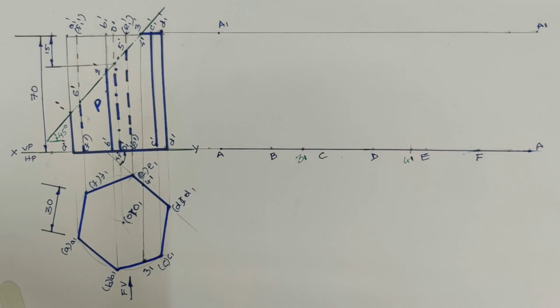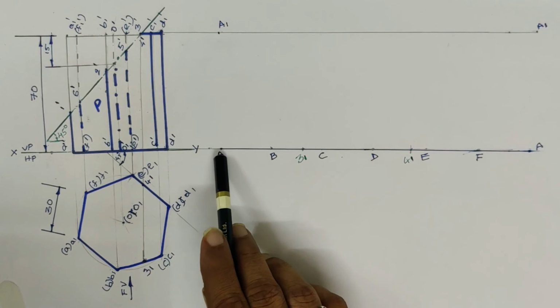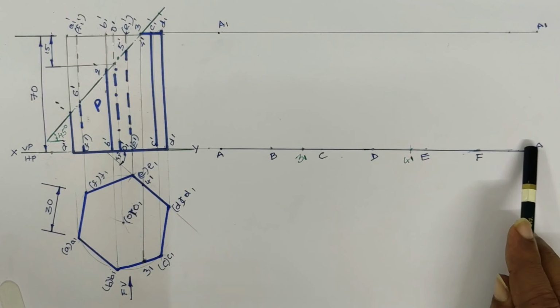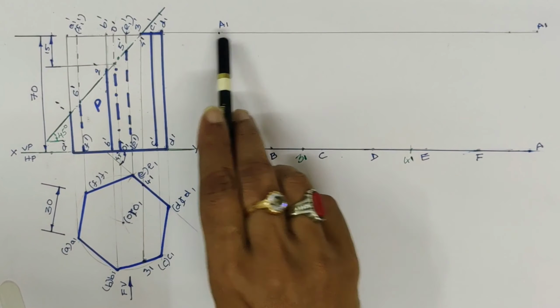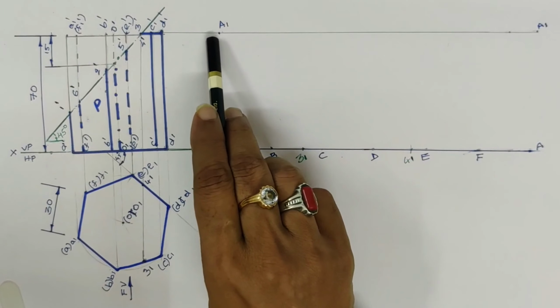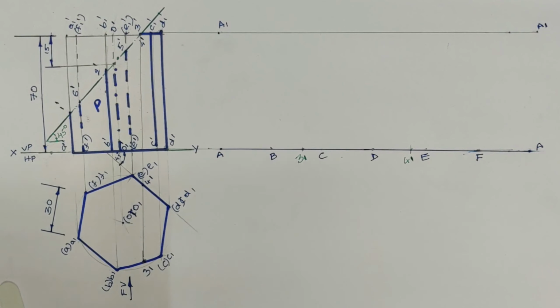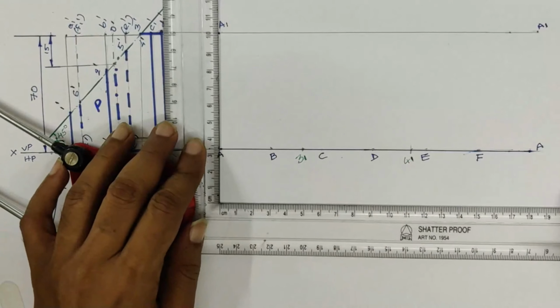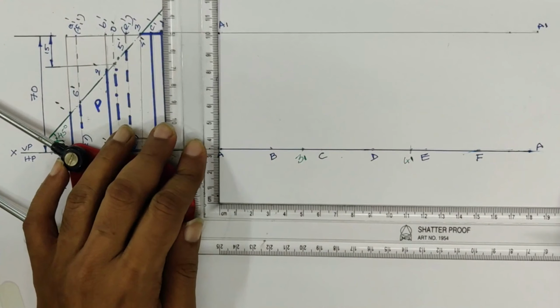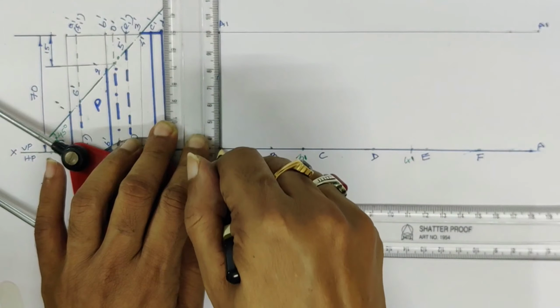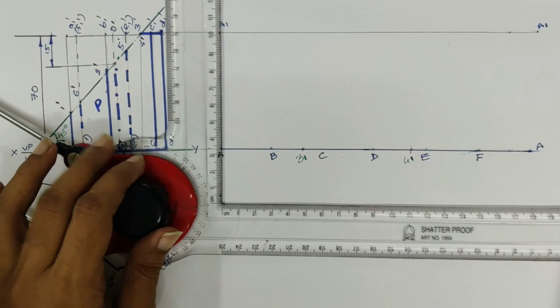After that, draw perpendiculars to A, B, 3-1, C, D, 4-1, E, F and A towards this top stretch out line, say A1 and A1. The height of the perpendiculars is equal to 70 mm, which is the axis height of the prism.